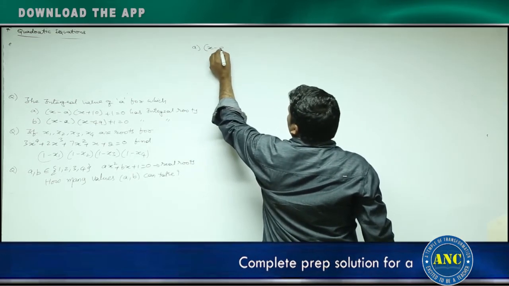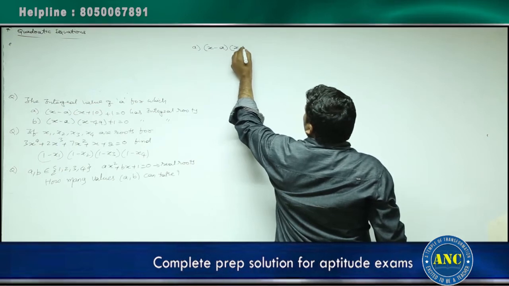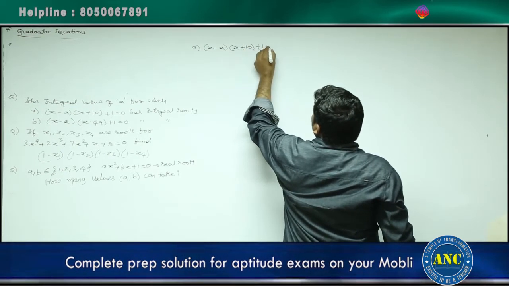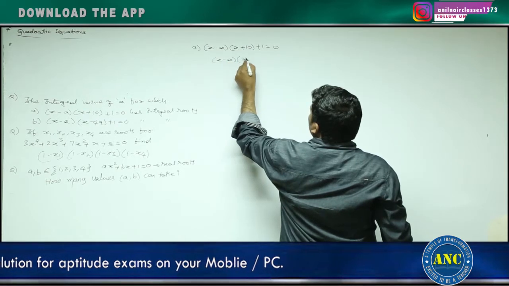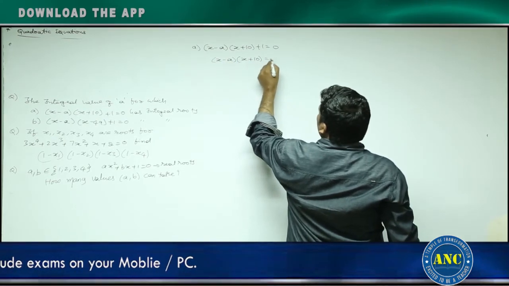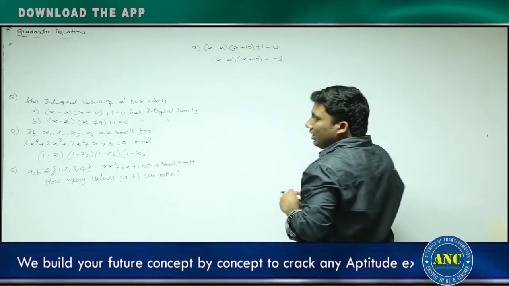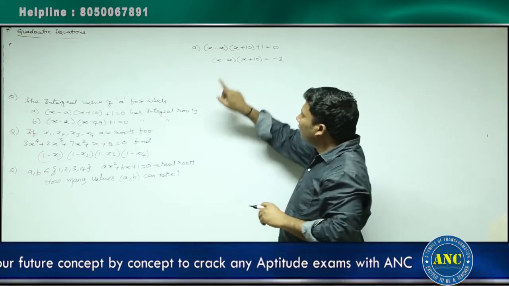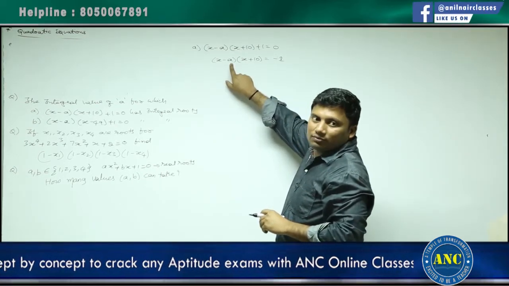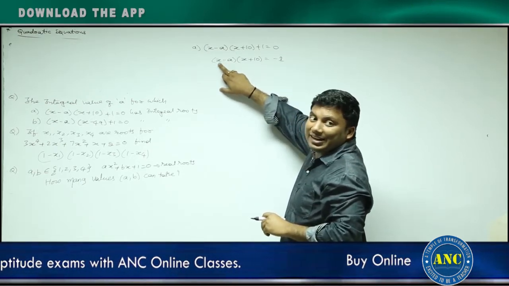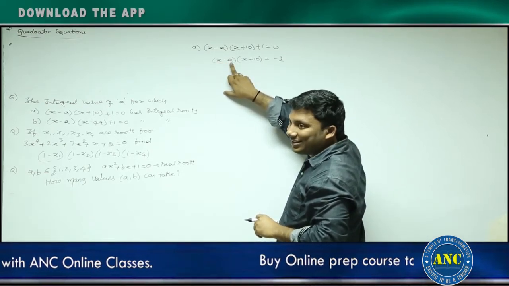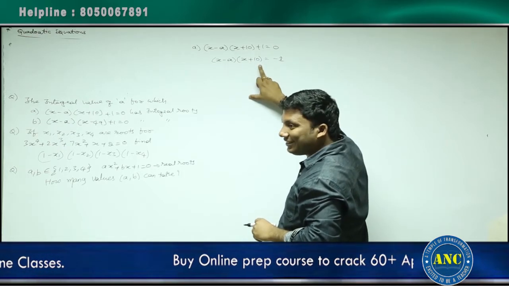x minus a into x plus 10, plus 1 equivalent to 0. So this will become x minus a into x plus 10 equivalent to minus 1. Listen carefully. Integral value of a is an integer, and the equation has integral roots, so x is an integer. Integer plus integer.